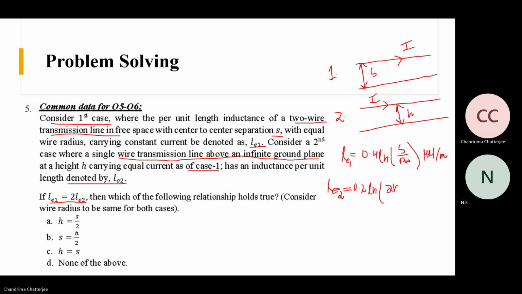This is also in microhenry per meter. And the relationship given is LE1 is equal to 2 LE2.